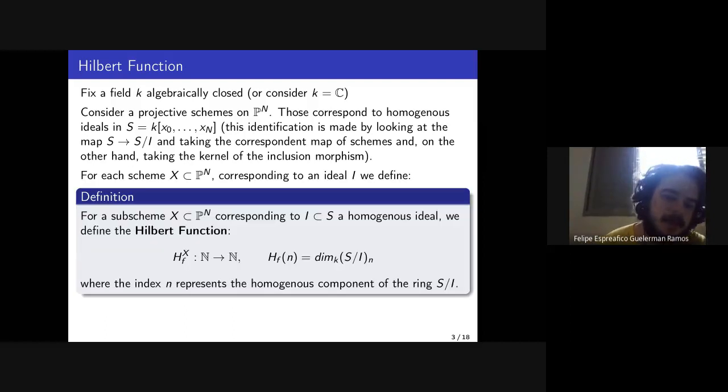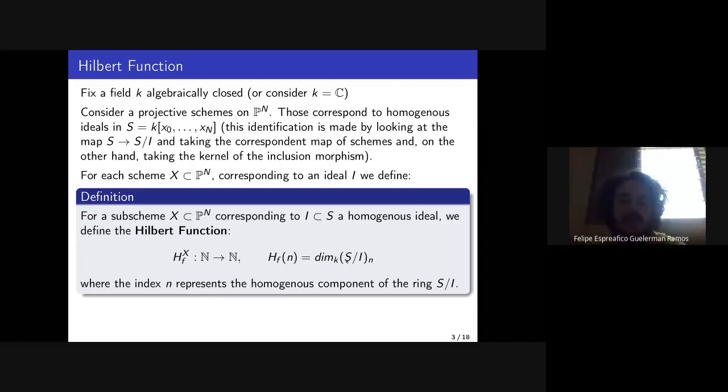And for each scheme we have an ideal, and then we can define the Hilbert function to be a function from natural numbers to natural numbers. And this function will give us the dimension of the n-th homogeneous part of the quotient.